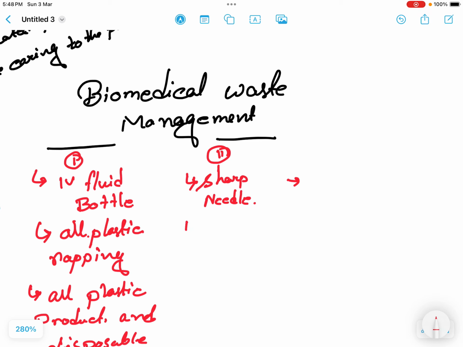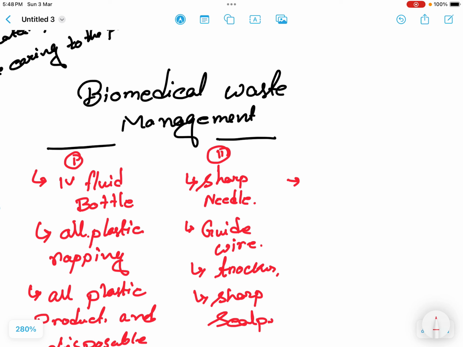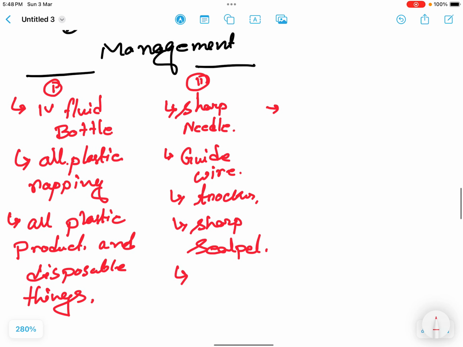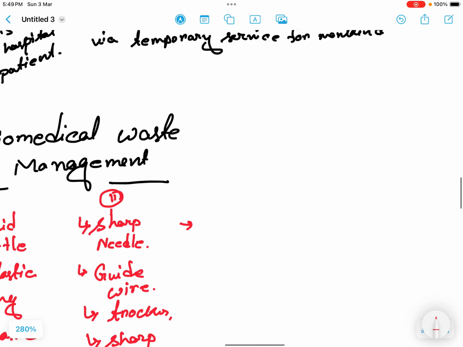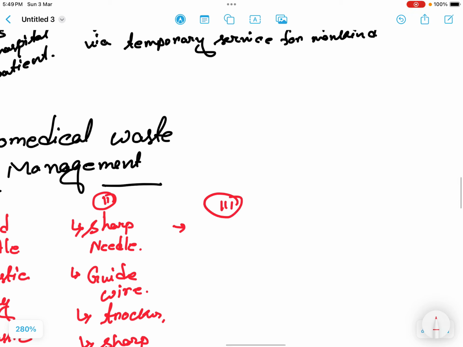Okay, so next we would like to make column number two, that is the already written sharp needle. Next we would like to write guide wire, trocar, sharp scalpel, metallic product, right? Okay, so next we would like to make column number three.